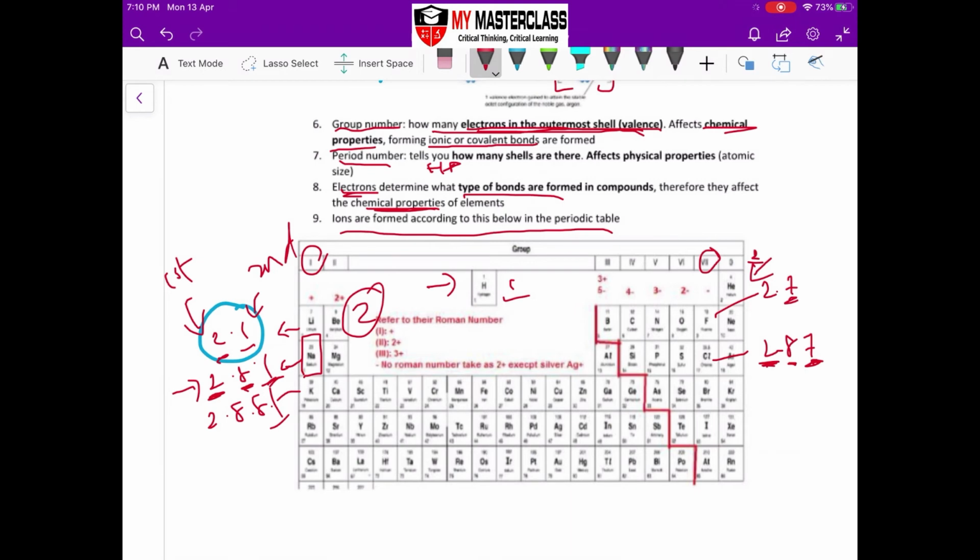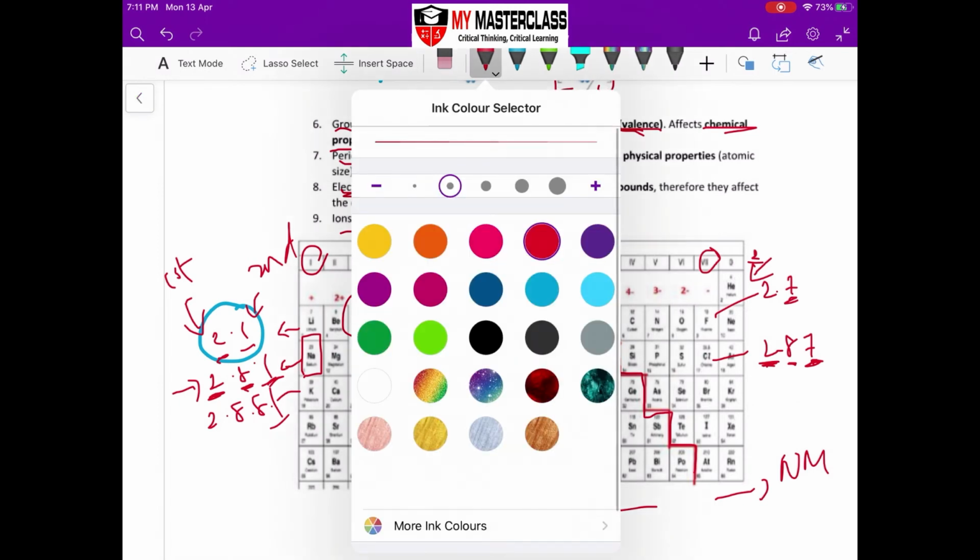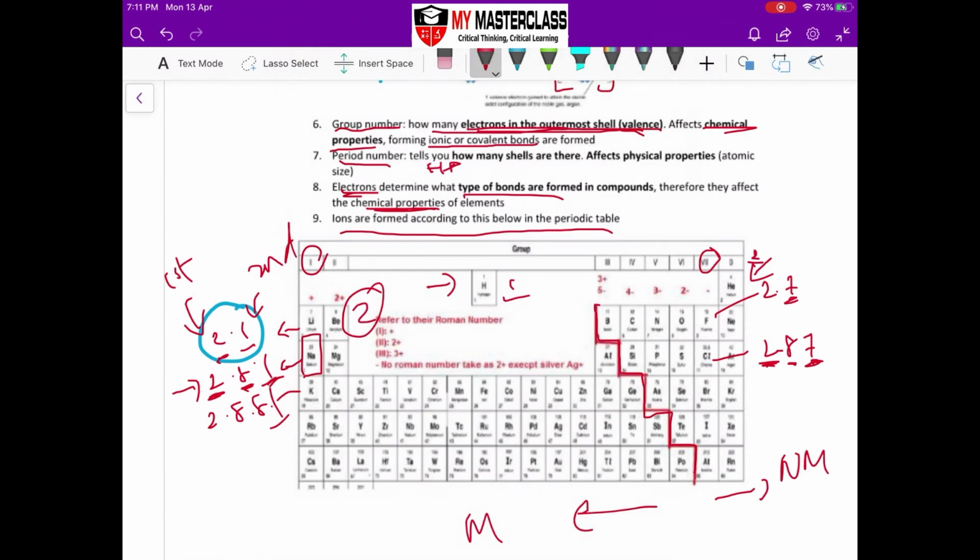Recall this red line over here, this is your staircase that separates the metals from the non-metals. So all your metals will lose electrons, all the elements over here at this part. They will all form positive.